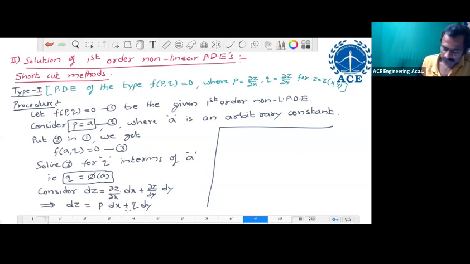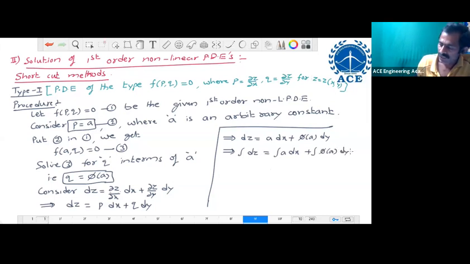We substitute p and q from above, which gives dz equal to a dx plus phi of a dy. Integrate both sides: integral of dz equal to integral of a dx plus integral of phi of a dy plus an integral constant c or b.